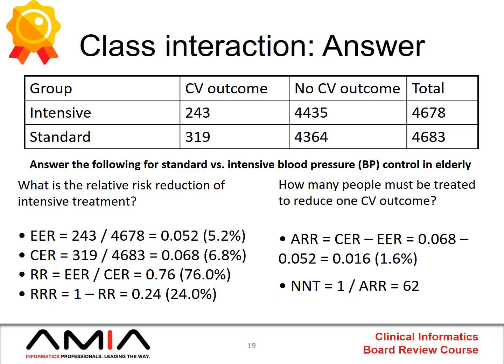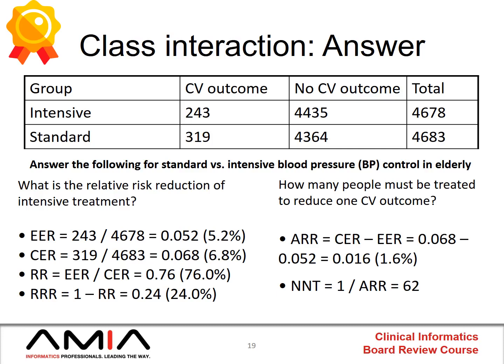So those in the intensive treatment group had about a 3/4 likelihood of developing one of the adverse cardiovascular outcomes compared to the control group. This is slightly different, but close to the hazard ratio that was reported in the paper. We can then calculate the relative risk reduction from the relative risk, which was 24%.